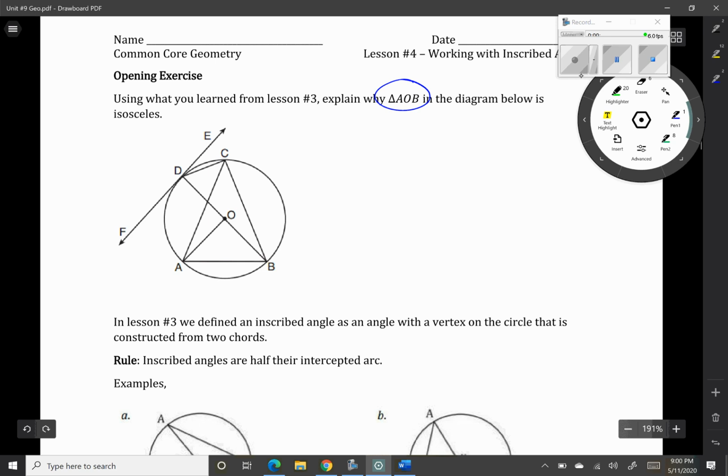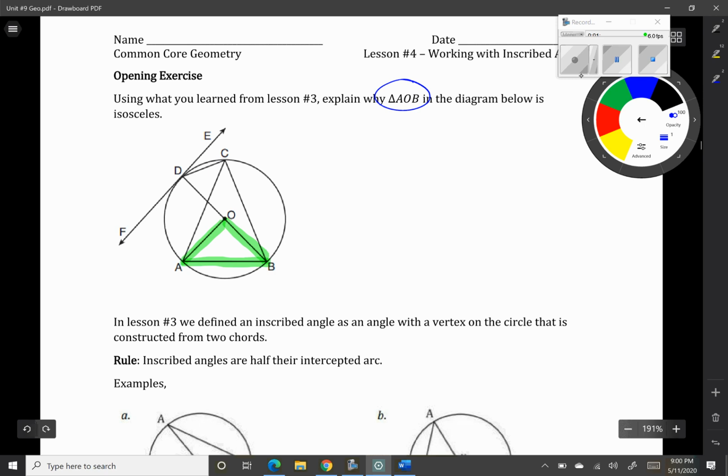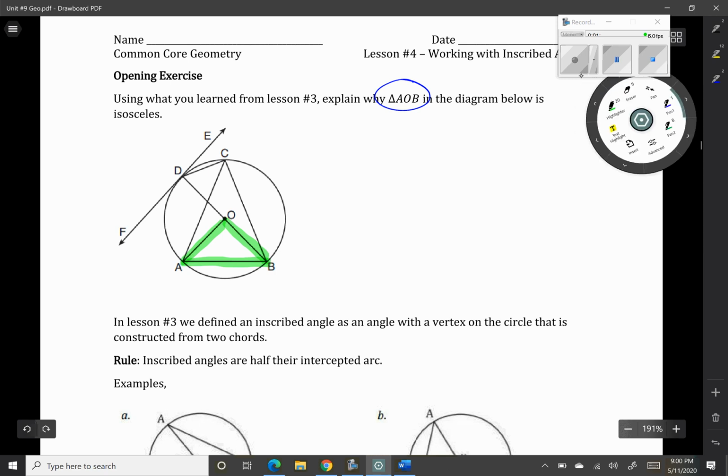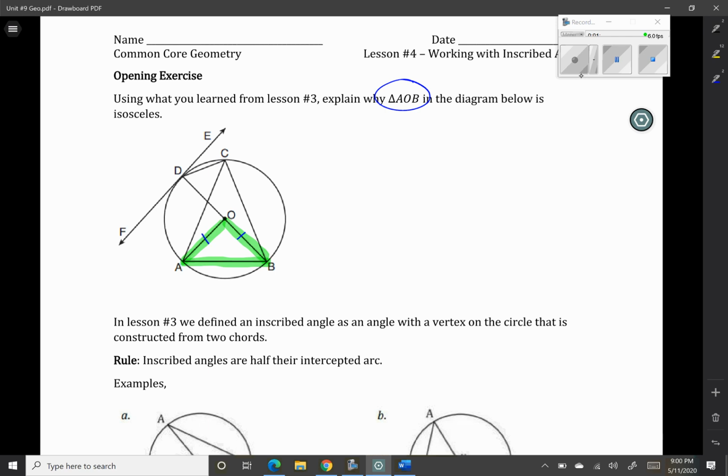Triangle AOB, and it might be useful here for you to have highlighters. Triangle AOB is here. Now, what do we know about triangle AOB? Well, we know that AO and OB are the radii of this circle, therefore they're the same size.